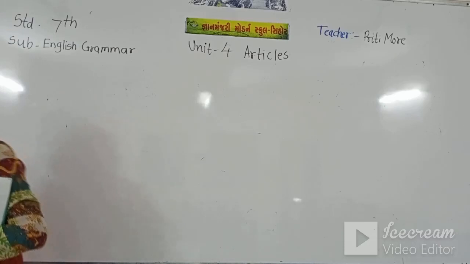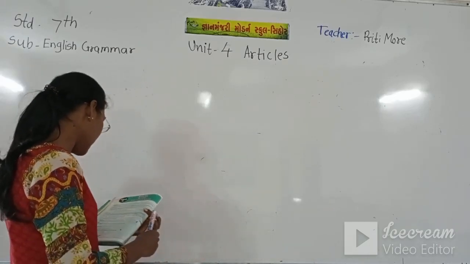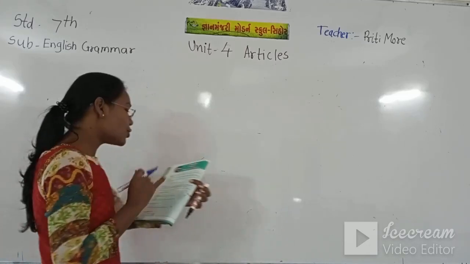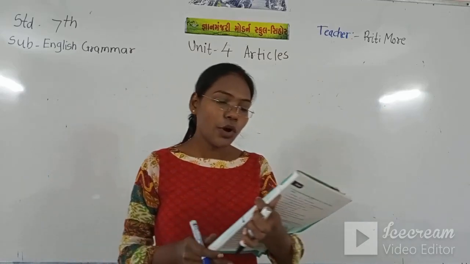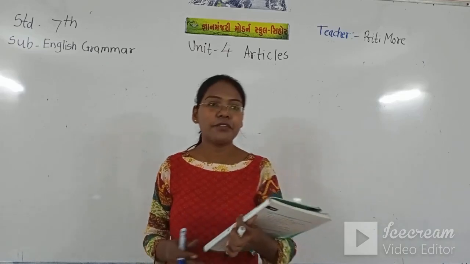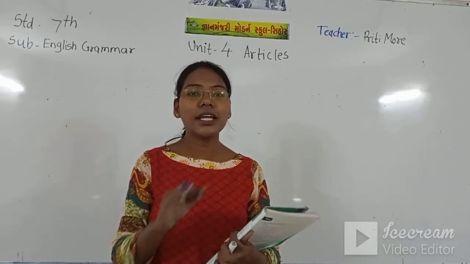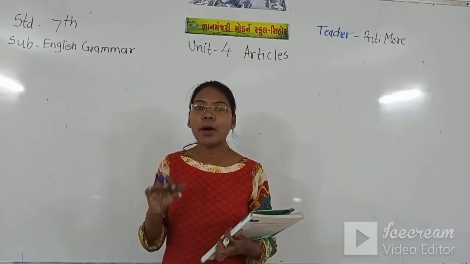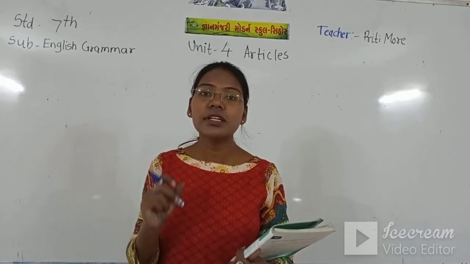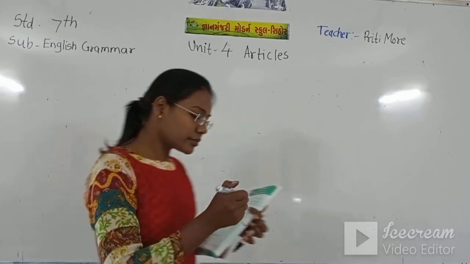The is used to refer to a particular noun or when both the speaker and hearer know what is being referred to. That means if the speaker and listener both are aware, both are sure about the things which they are talking about, that time we use the article the, and the is a definite article.